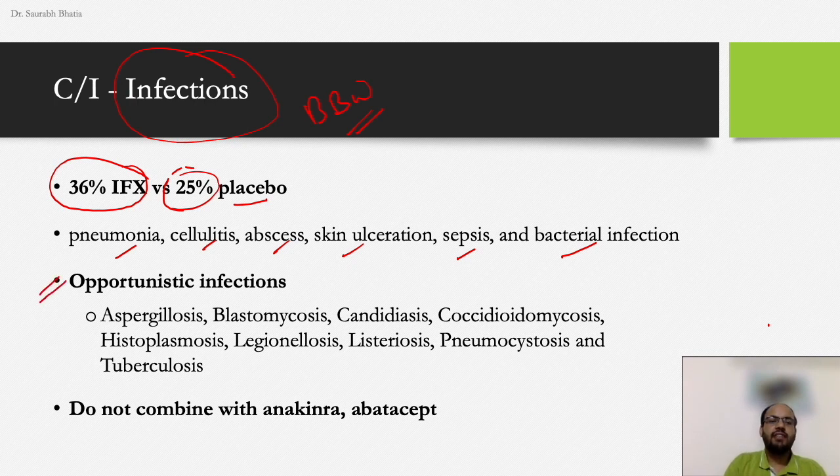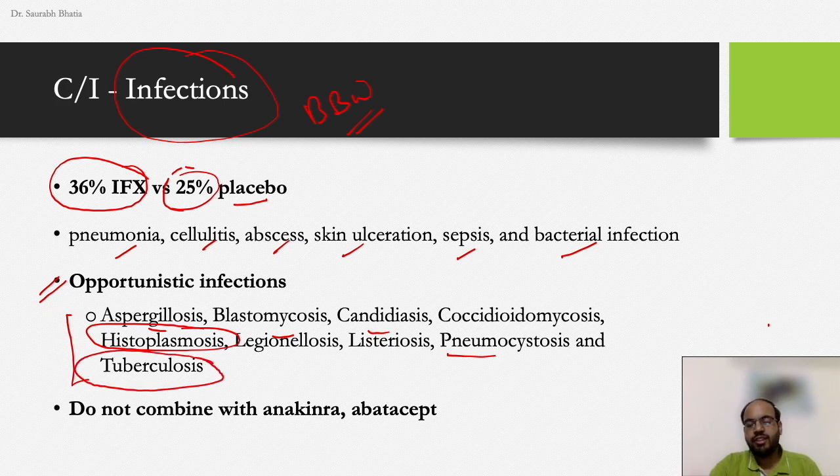Opportunistic infections like deep fungal infections such as aspergillosis, blastomycosis, candidiasis, pneumocystosis and histoplasmosis have been significantly seen in patients receiving infliximab. Tuberculosis again becomes a very important opportunistic infection, especially in our country, where patients might have a history of TB contact, history of active tuberculosis treated with ADT, or latent tuberculosis, which might get reactivated with infliximab.